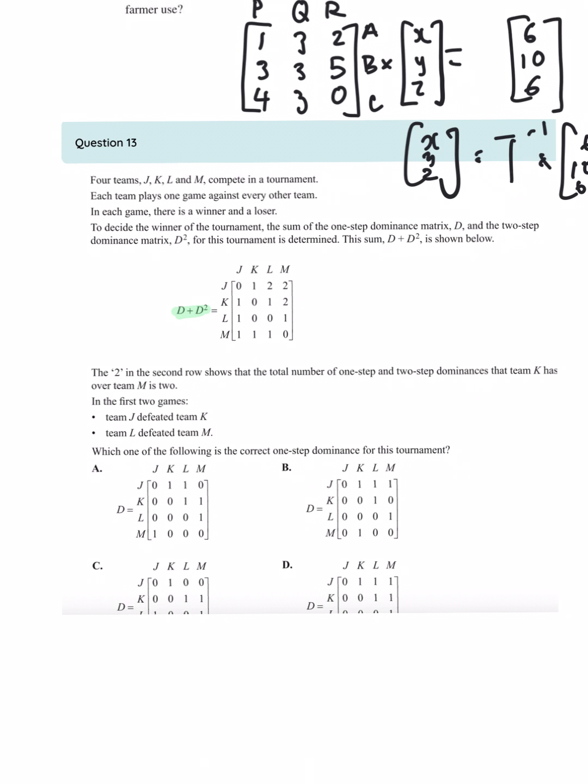But the total dominant player is essentially if you add the rows, and whoever has the most will be the best player. So if you wanted to add the rows, we need a column matrix. Okay, so 1, 1, 1, 1. Okay, which would get us the most dominant player.